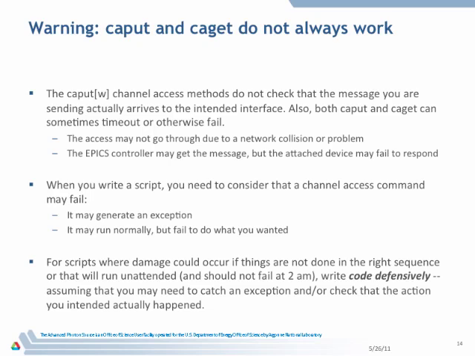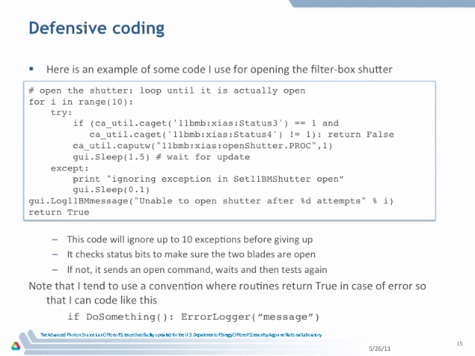And what I'll say is you need to code defensively. Okay, it's not that EPICS is problematic. It's just that it doesn't work the way I want it to work. I think I'm quoting you directly, Pete, on that one. Okay, so defensive coding. How do we do that?